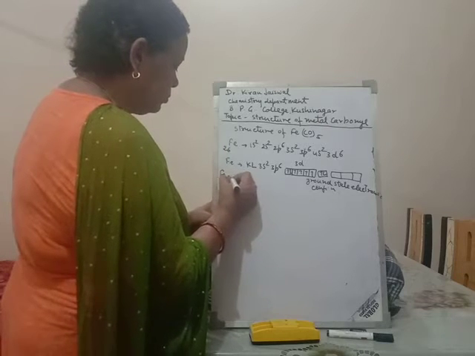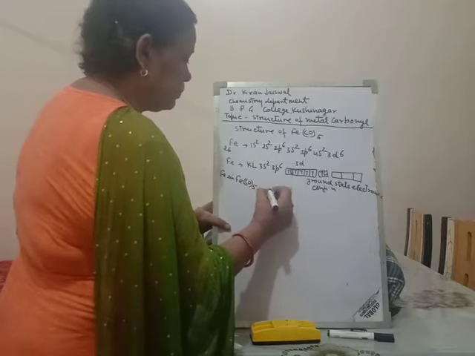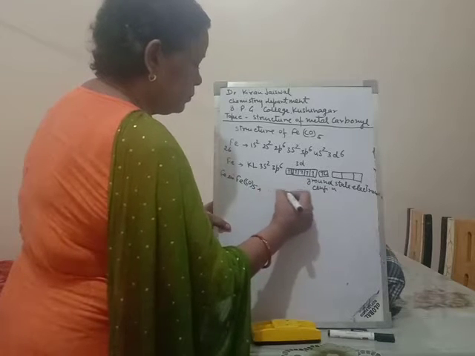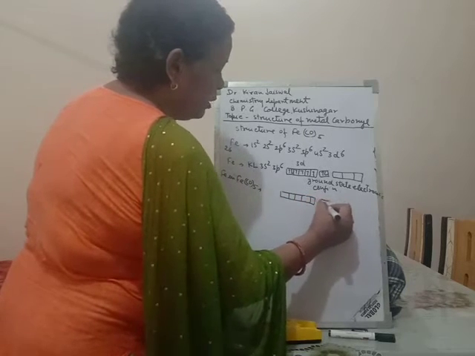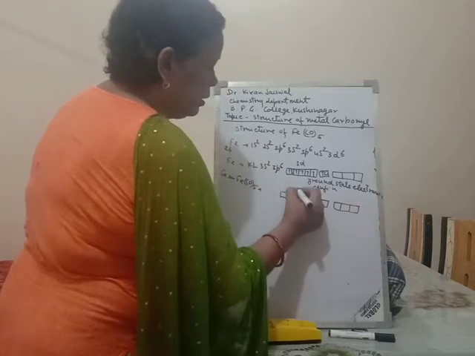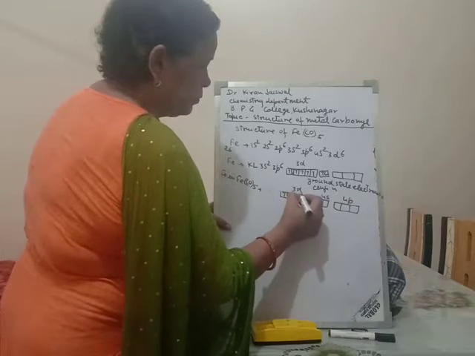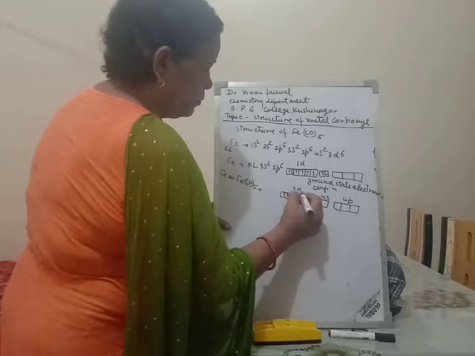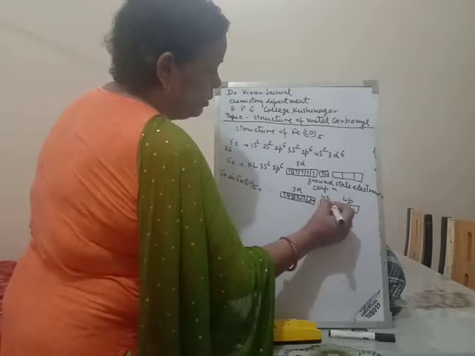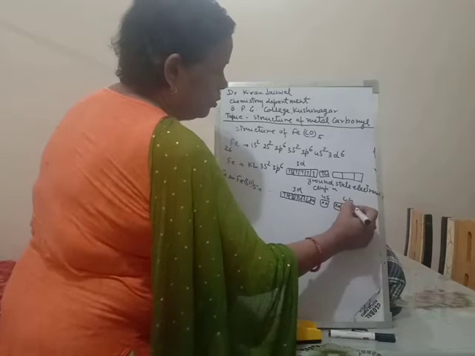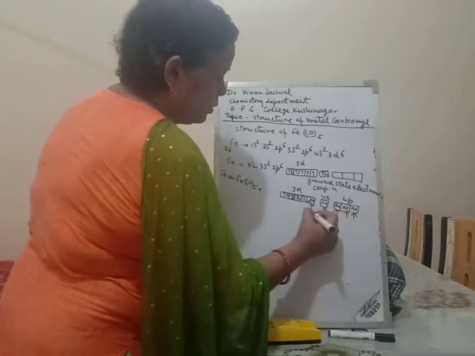Iron in iron pentacarbonyl: 3d, 4s, 4p, and these are the electrons donated by the 5 CO molecules.